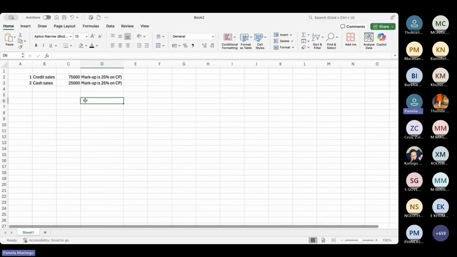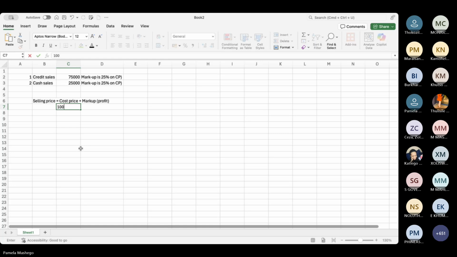How do you want to work it out? To get to our selling price, selling price is equal to your cost price plus your markup or profit. If the markup is on cost price, the cost price is shown as 100%.